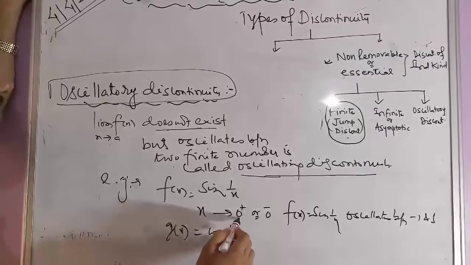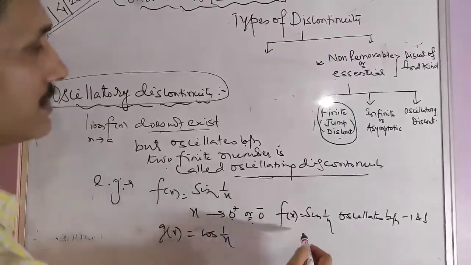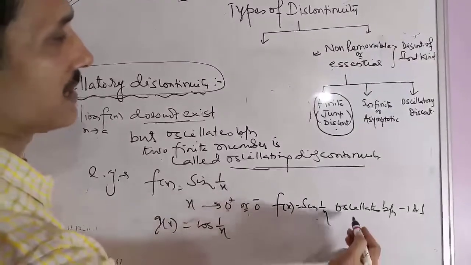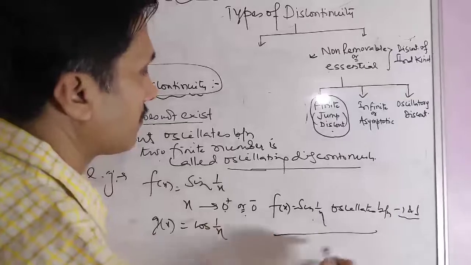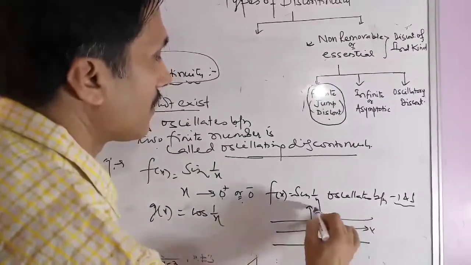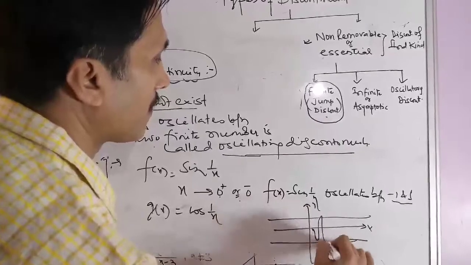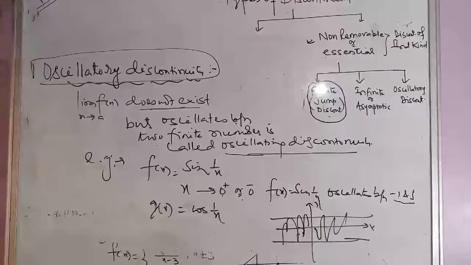As x tends to 0 from either side, from left or from right, f(x) equal to sine 1 by x oscillates between two finite numbers, minus 1 and plus 1.